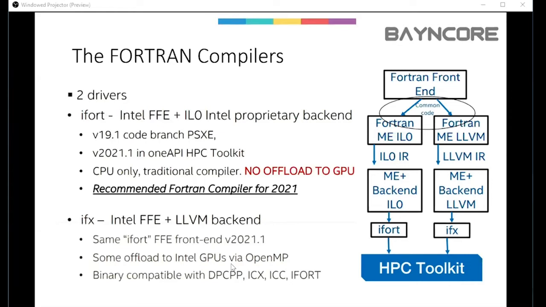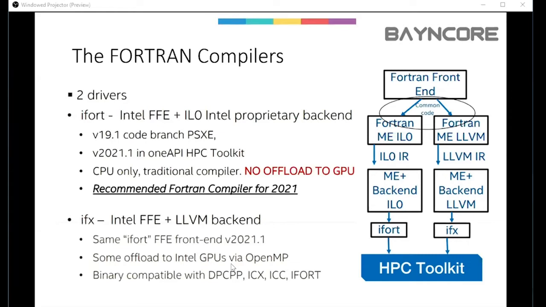However, looking at the right-hand side, although it's got the same front end, the middle end and back end is still being developed. So not everything that is in the language is necessarily yet implemented.